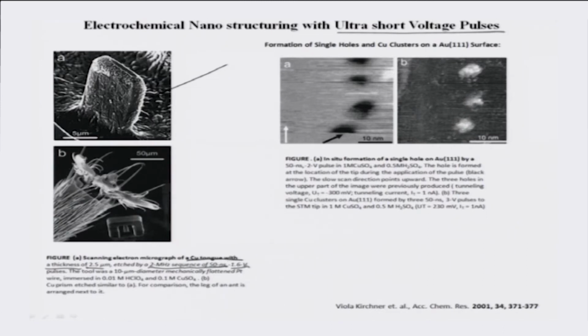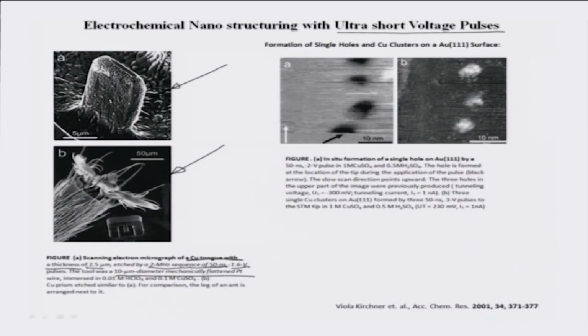The tool in this case is a 10 micrometer diameter mechanically flattened piece of platinum, and it compares nicely to an ant leg. This here is an ant leg, and you can see the scale is almost comparable in the SEM images above and below each other, which shows the process capability of the system. This is a 50 micron scale, this is a 5 micron scale, so about a tenth.